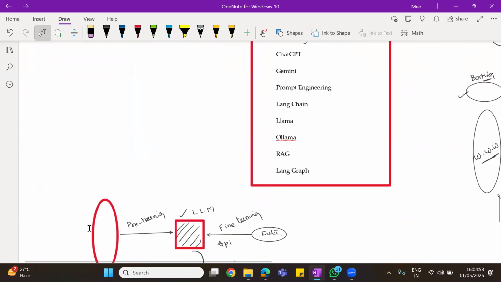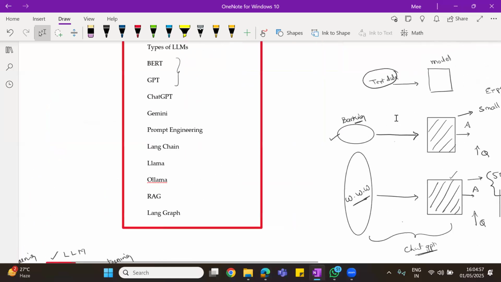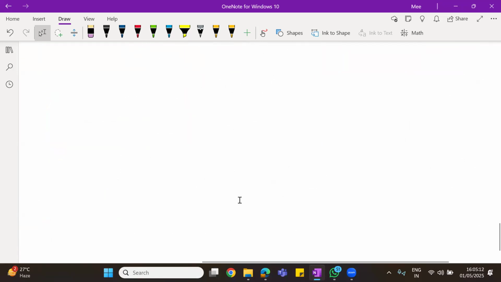We have seen this in the last class. I explained what fine tuning is, what pre-training is, and how things go on over here. When the data is larger, it becomes an LLM kind of stuff.